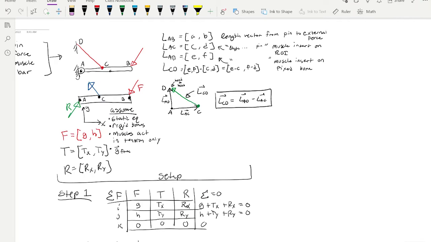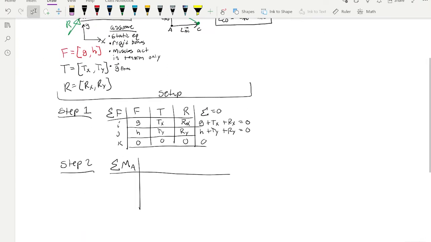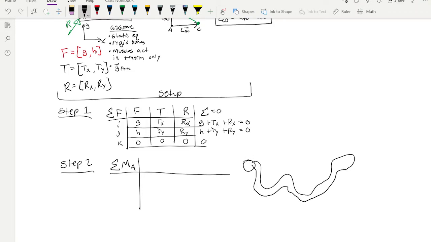Here's one sticking point that might be a little hard to conceptualize. We could have an arbitrary shape for the bar to a pin, right? And say we had force acting somewhere along these bars, some force, some muscle tension.